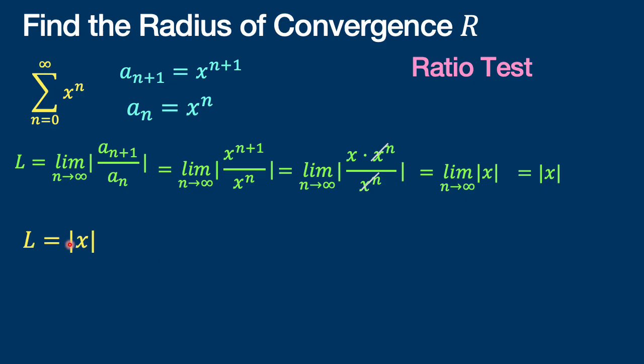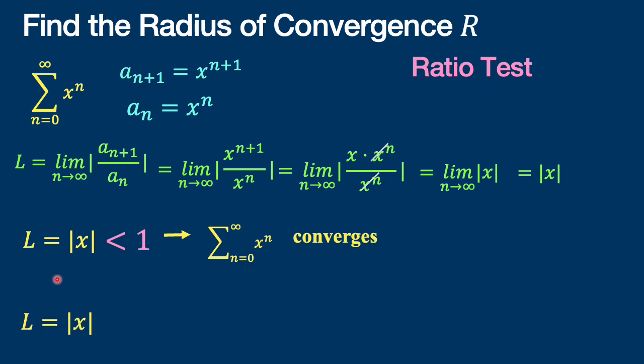The ratio test says if this L value is less than 1, the series is going to converge. If the absolute value of x, the L value, is greater than 1, this series is going to diverge. Does this look familiar?